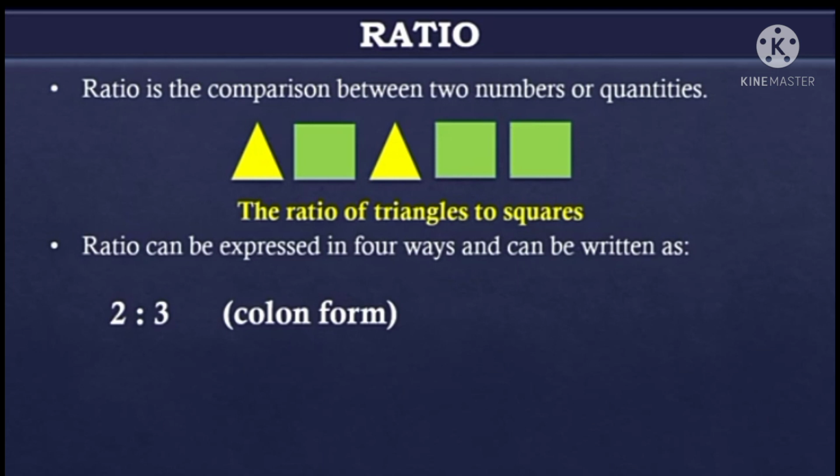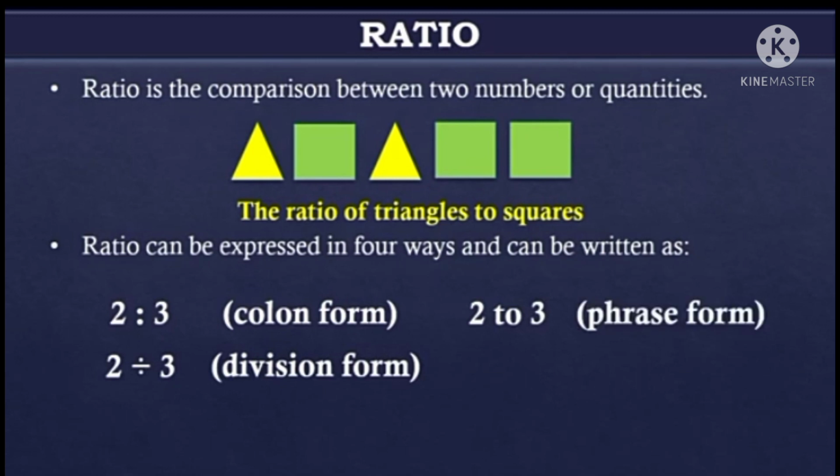In writing the ratio, it can be expressed in four ways. It can be written as 2 is to 3. This is the colon form. Another way is the division form. Another way is the phrase form or the word form.